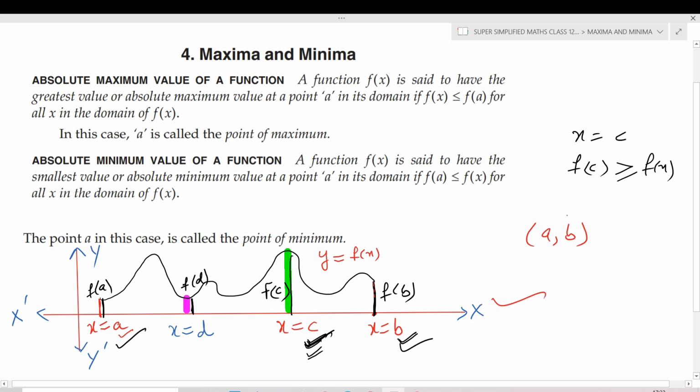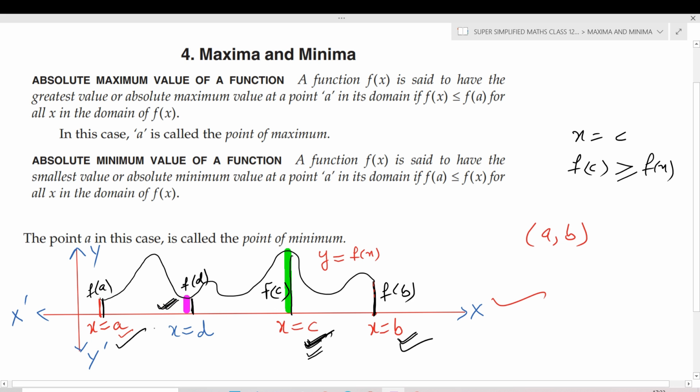Similarly, you can also note down, students, that out of all the values that the function is attaining, which value of the function is the least one? Which height of all these lines, all the perpendicular lines to the x-axis, is of the smallest height? You can see this pink color line is of the smallest height.